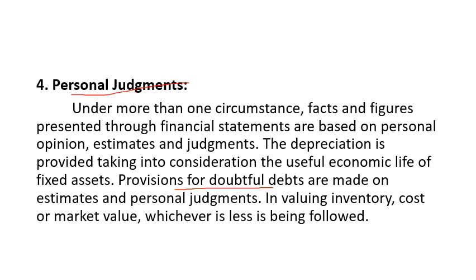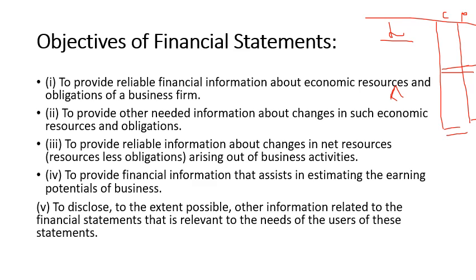Moving on, next, objectives of financial statements. Different objectives of financial statements. The first one, to provide reliable financial information about economic resources and obligations of a business firm. So provide reliable financial information of the business to the different users. That's the main and important objective of financial statements.